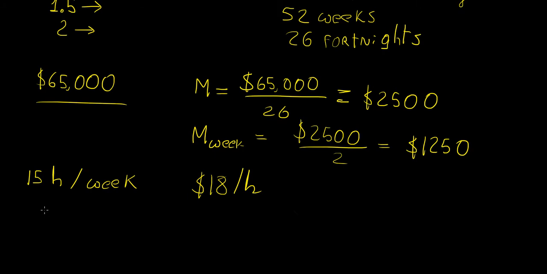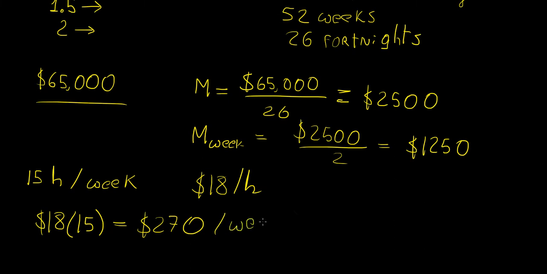Well, you would just grab $18. This would be multiplied by 15. So this would give you the amount that you earn in a single week. So 18 times 15, that would be $270. And then, so this would be per week.